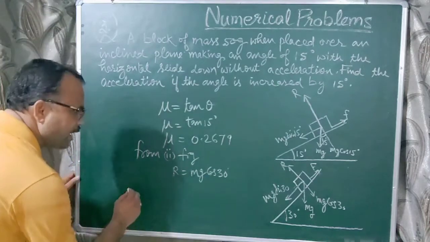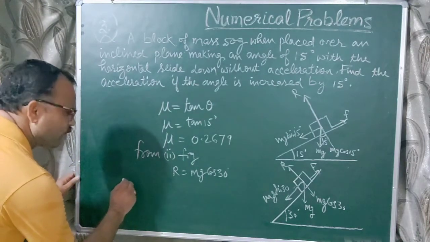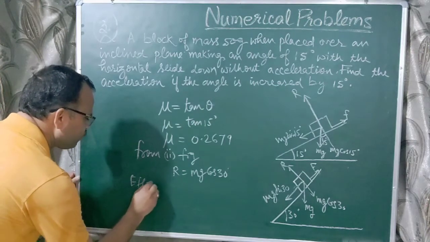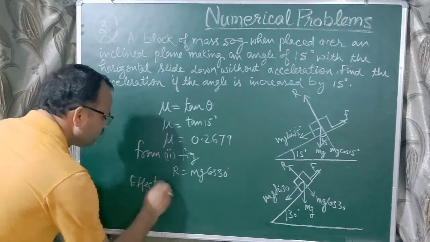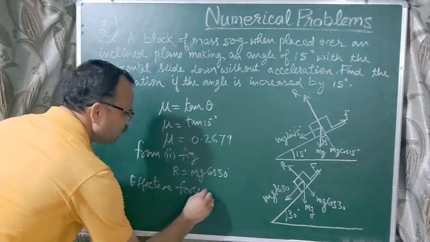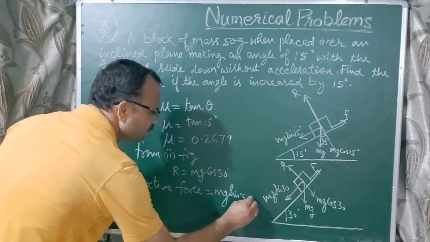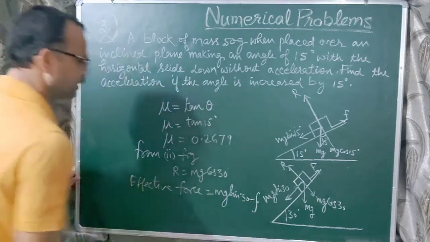So we can write here, effective force is equal to mg sin 30 minus frictional force.